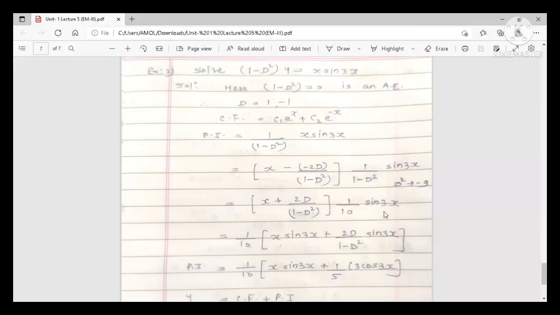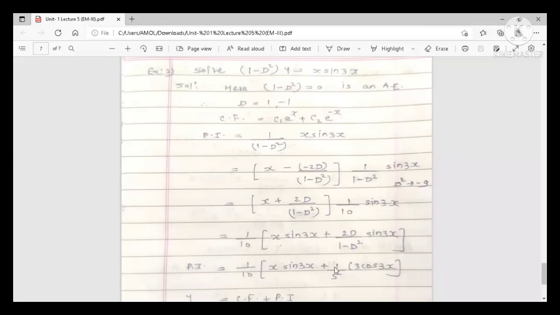So x into sine 3x is x into sine 3x plus 2D upon 1 minus D square into sine 3x. Now solve this term for sine 3x. Replace D square by minus 9 because we are solving for a sine function. Again the same situation: a is 3, so the square of 3 is 9. Give a negative sign to it and replace D square by minus 9. So 1 minus of minus 9 means plus 10.